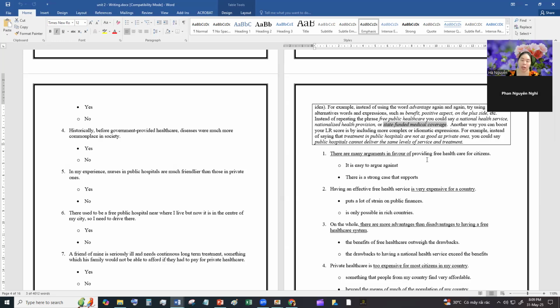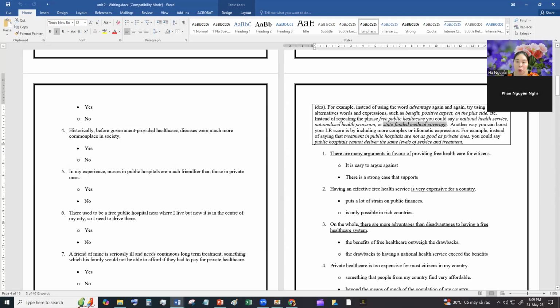What are some collocations for this? So what are some similar words to this? And what word goes with this word? Okay, so for example, afford private healthcare. So afford goes with private healthcare. Yeah, so deliver the same level of service and treatment. So deliver service and treatment there.